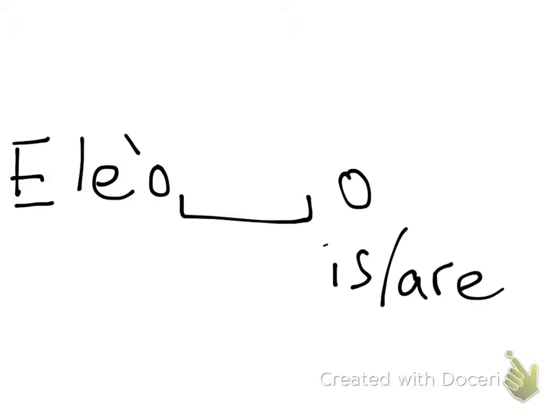So not a thing is this thing, or not a book is this thing, or something to that effect. So you're negating whatever you said first, and then you're saying an is. This is an is or are statement, and then you put in that noun phrase. So this would have a noun phrase.